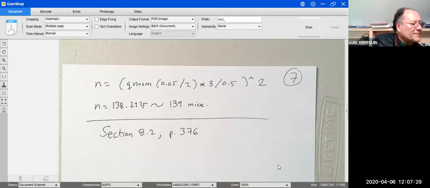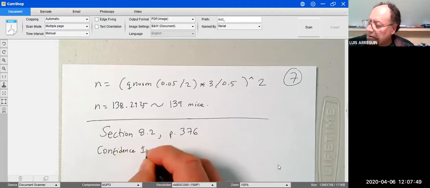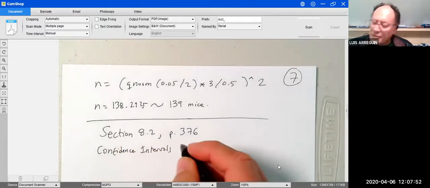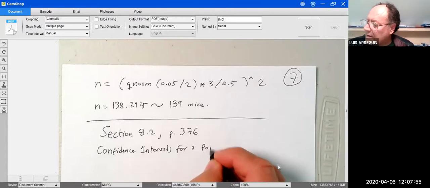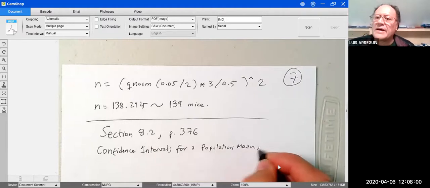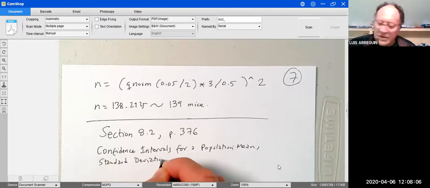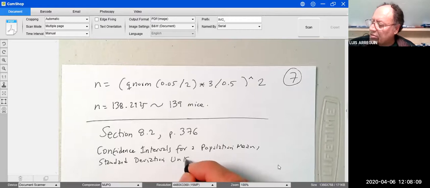So section 8.2 is about confidence intervals for a population mean, and in this case the standard deviation of the population is not known.